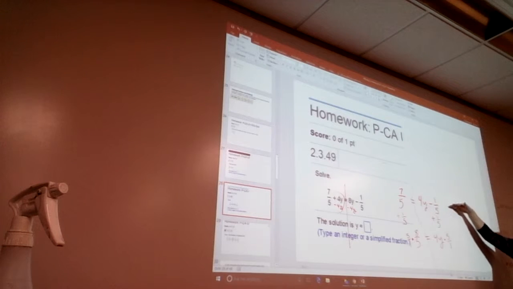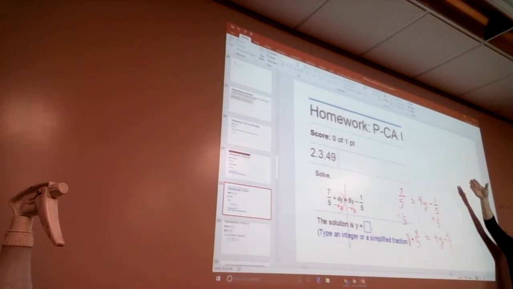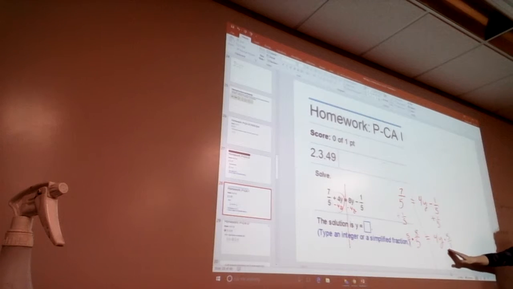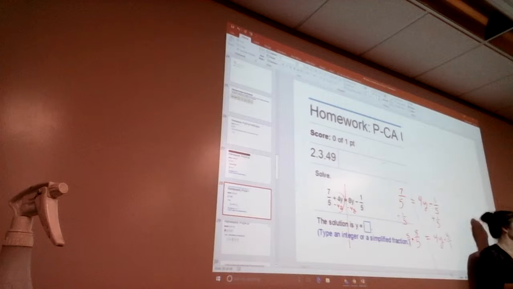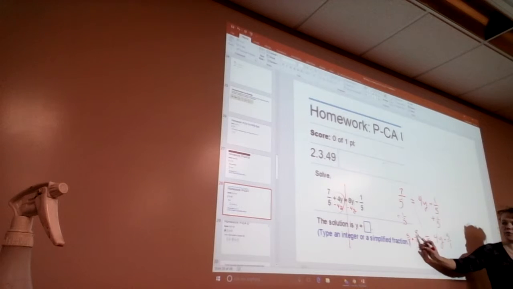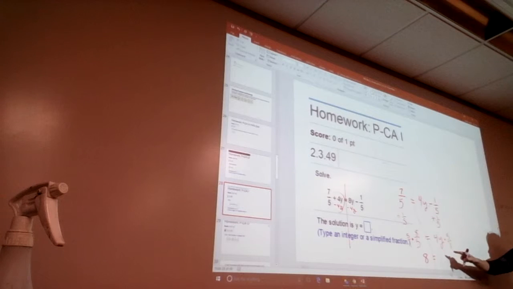If I chose to multiply by 5 up there, I have to multiply all 3 terms by 5. Down here, there's only one thing on each side, so I'm good. But if you choose to multiply early, make sure that every term is multiplied by the same number. So here I've got 40 divided by 5, which is 8. And here I've got 4y times 5, which is 20y.